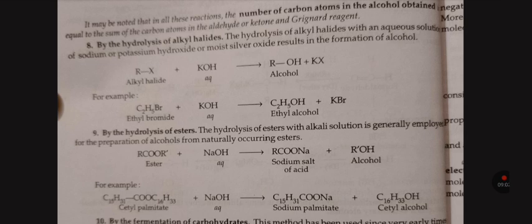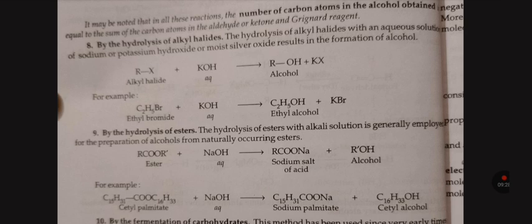Hydrolysis of ethers with alkali solution is generally employed for the preparation of alcohols from naturally occurring ethers. For example, cetyl palmitate in the presence of aqueous NaOH will give sodium palmitate plus cetyl alcohol.